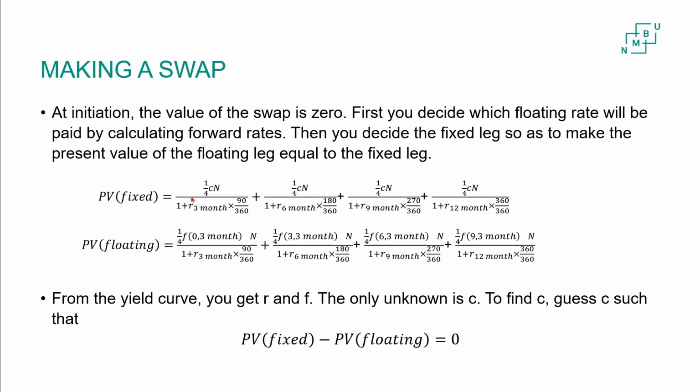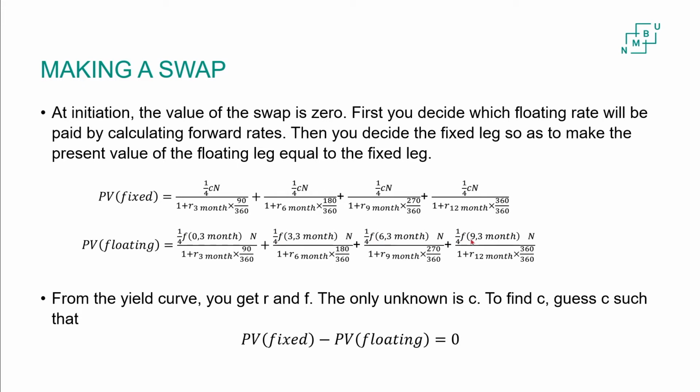The discount factor is the annualized zero coupon rate, the spot rate. So R is the spot rate here: the 3-month, 6-month, 9-month, and 12-month spot rate. And the payment of the floating leg is the implied forward rate.